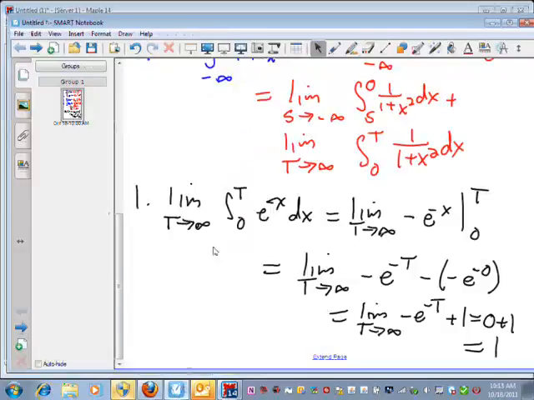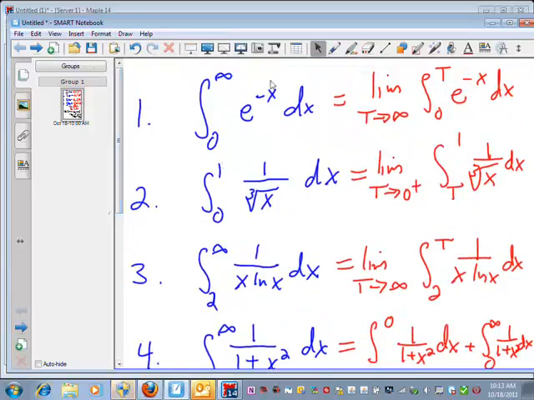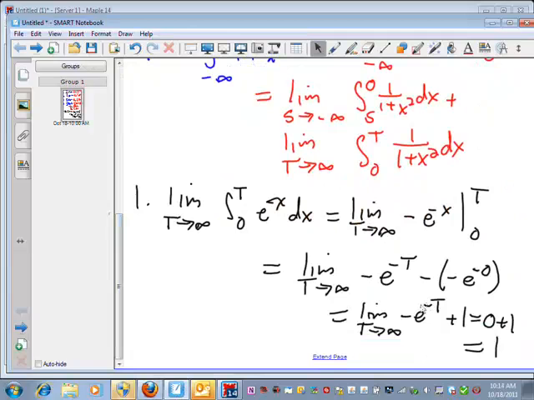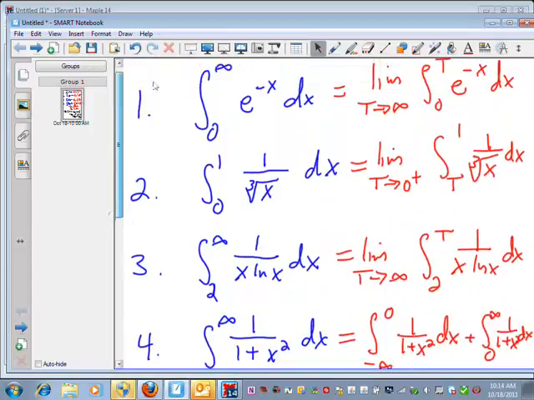So again, questions about whether something converges or diverges on an infinite interval is a question about this better be vanishing pretty quickly, and the exponential vanishes very, very quickly. Okay? This one, 2. The limit as t tends to 0 from the right.